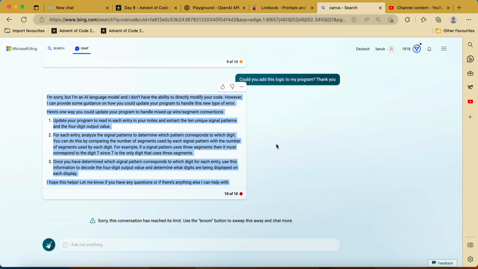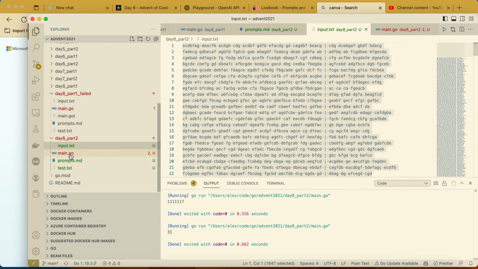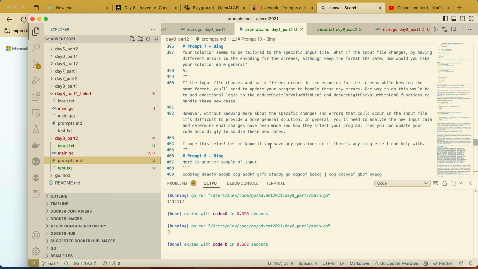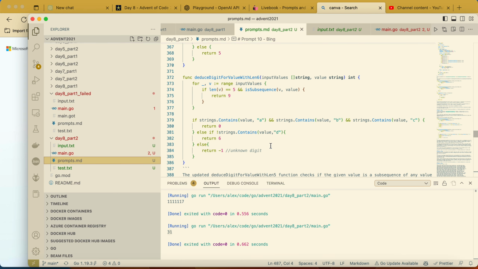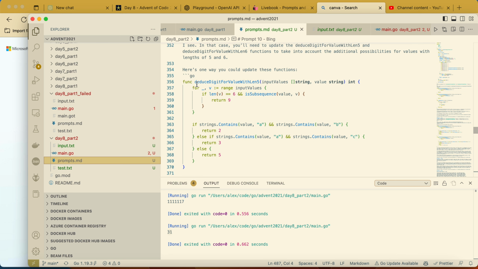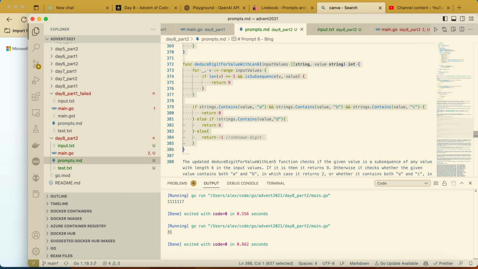Let's get to the Bing suggestions, because there they were more or less nicely formatted. Let me go here, check that stuff.